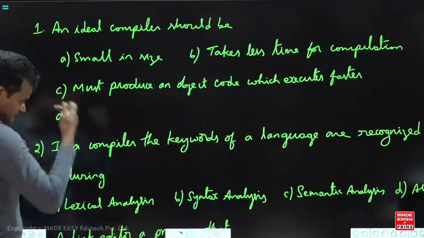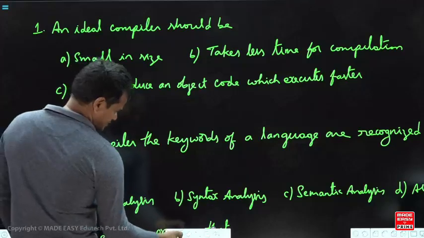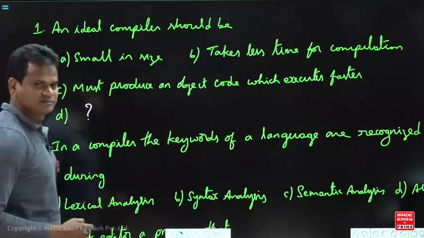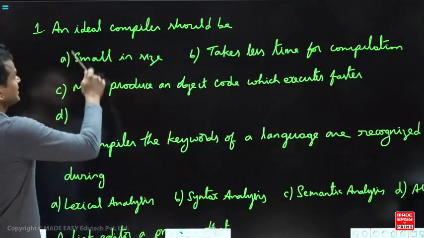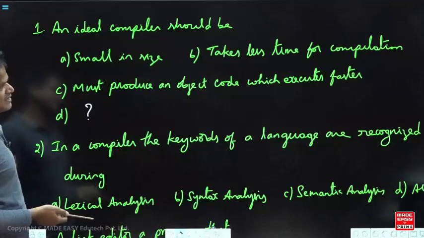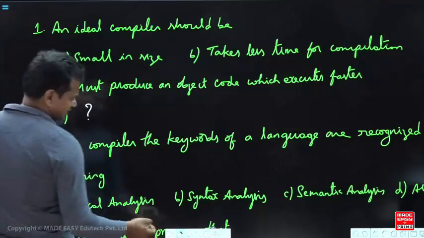And D, I forgot. So you just fill this D option. Okay, I forgot this. So an ideal compiler should be small in size, takes less time for compilation, must produce an object code which executes faster, and what is D?